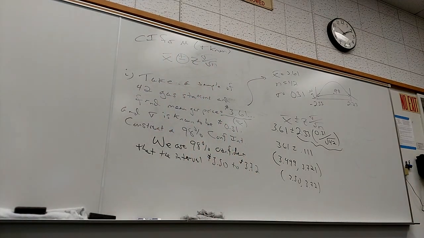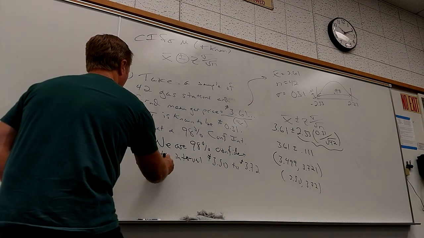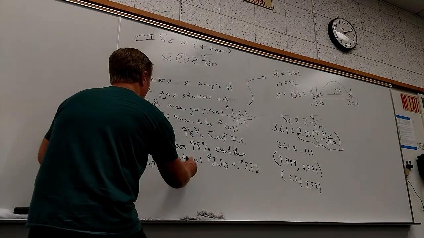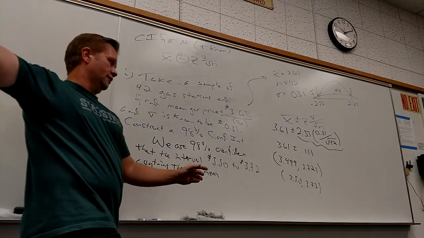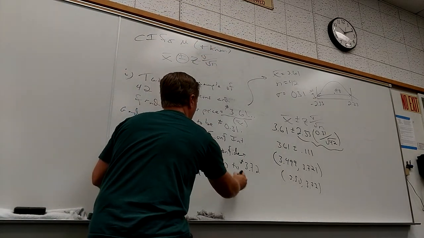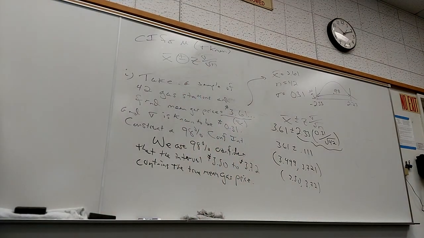We're 98% confident that the interval contains the true mean, and I use the word true to mean population, for the gas price. So that's the kind of statement you will have to write every time you construct a confidence interval.